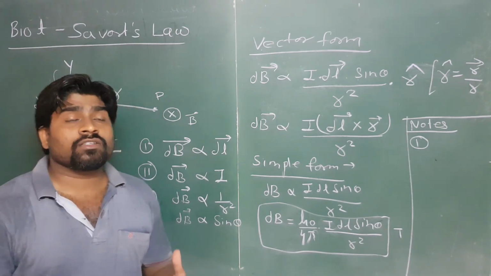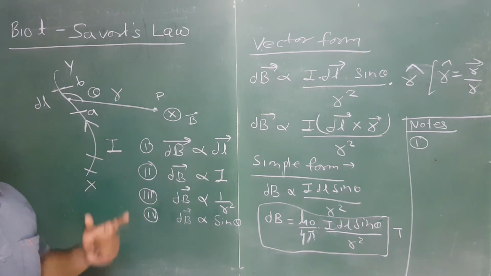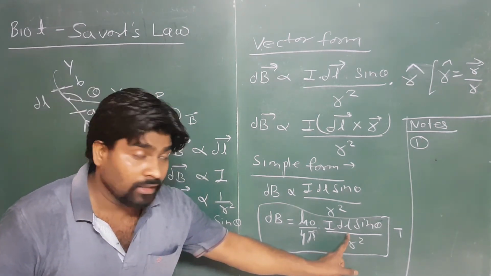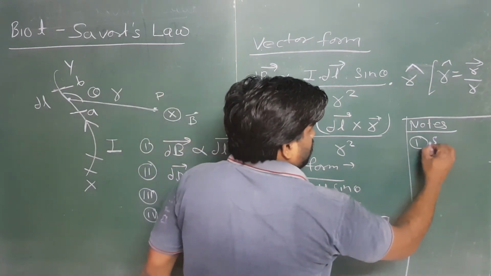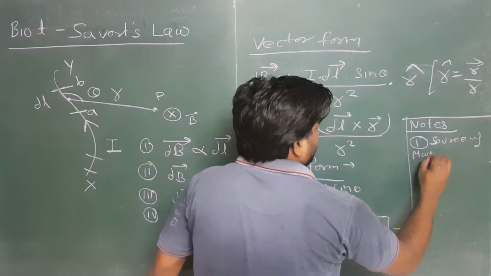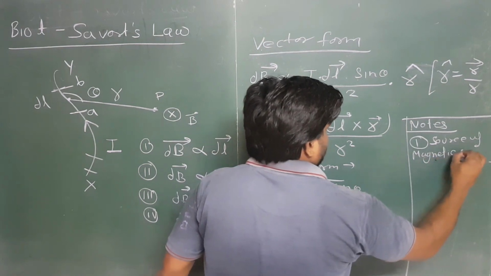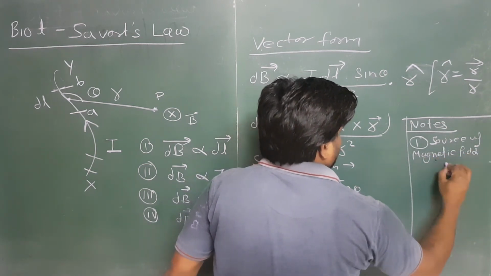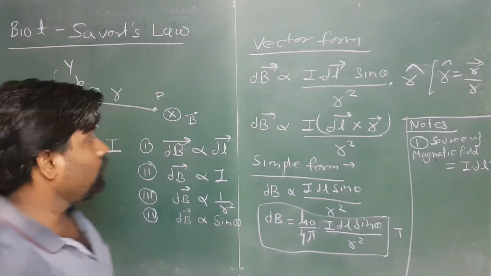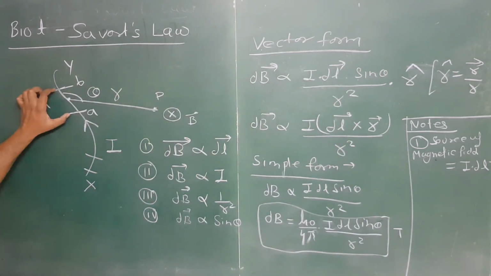So what is the source of the magnetic field? The source of the magnetic field is I and dl. So the first point is that the source of the magnetic field is I dot dl. Why are we taking dl? Because of the small element.